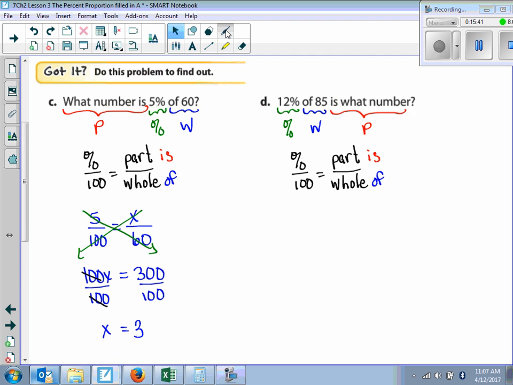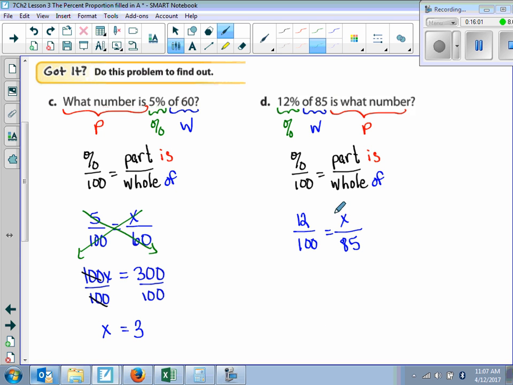Now we can substitute into our proportion. So 12%, that goes over 100, so that's 12 over 100, is equal to the part, which is what we're solving for, over the whole, which is 85. Okay? And then again, we are going to cross multiply.